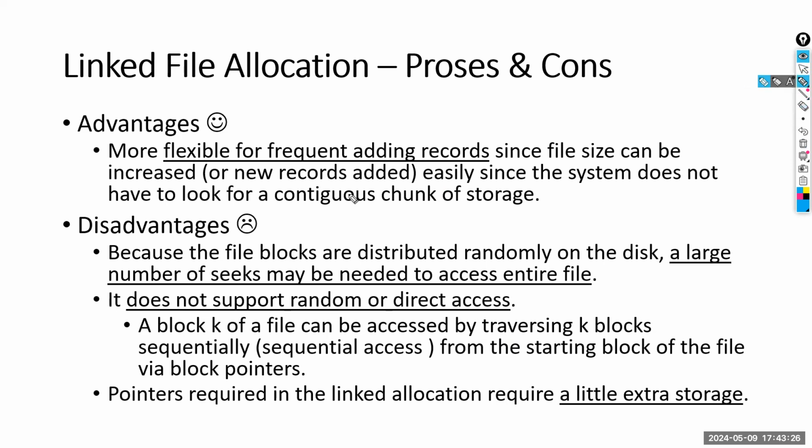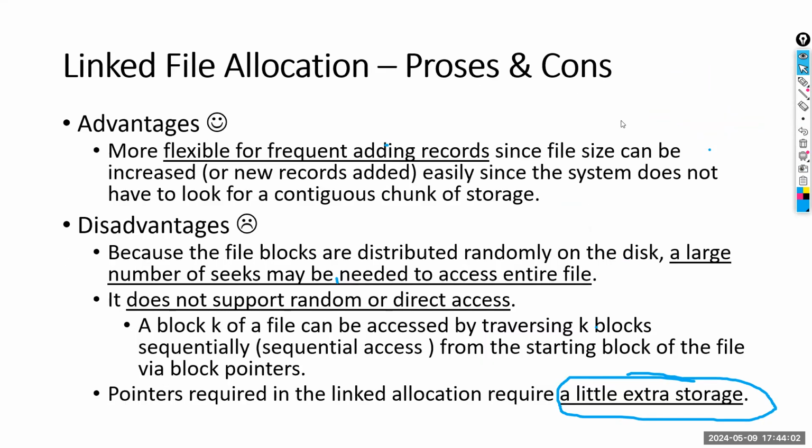But at the same time, if you have a very big file, sometimes you need to go from one block to the other block to the other block, and a lot of disk movements might be needed because they are not consecutive. And of course, very little extra storage is used, which we can almost ignore. That is keeping track of the next block. That is very minimal, so that is not usually a big issue.